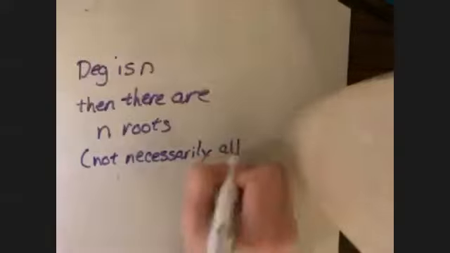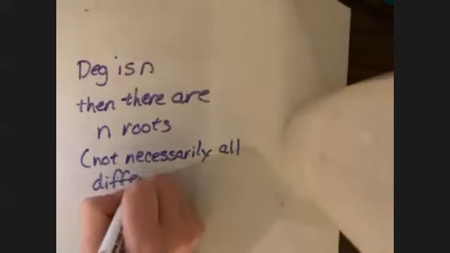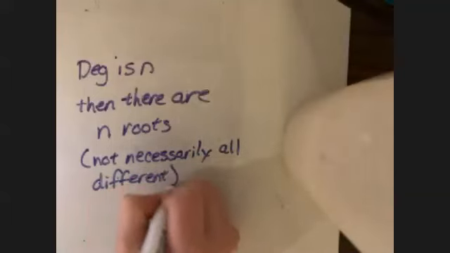Okay, good deal. Now, a couple of properties that come up with this. If your degree is n, and remember that the degree is the highest power that is shown, then there are n roots. Now, with those roots, they are not necessarily all different.